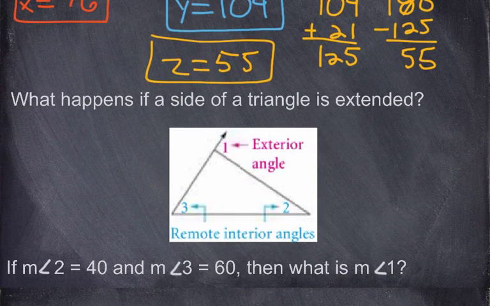Okay. Now, new concept here. What happens if a side of a triangle is extended? When a side of a triangle is extended, what gets created is an exterior angle. So angle 1 right here, notice, is on the outside. It's an exterior angle. Now from the 1, angle 3 and angle 2 are considered remote interior angles, because remote means away from.